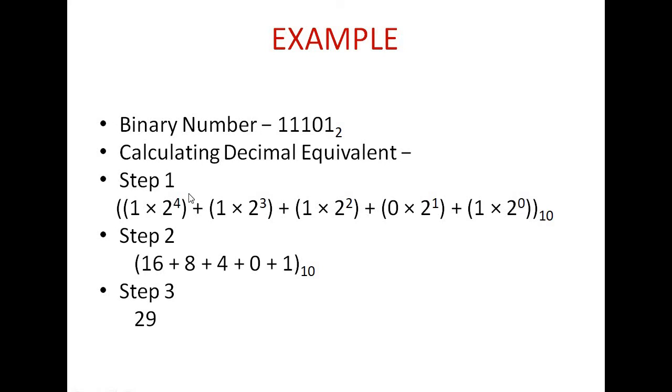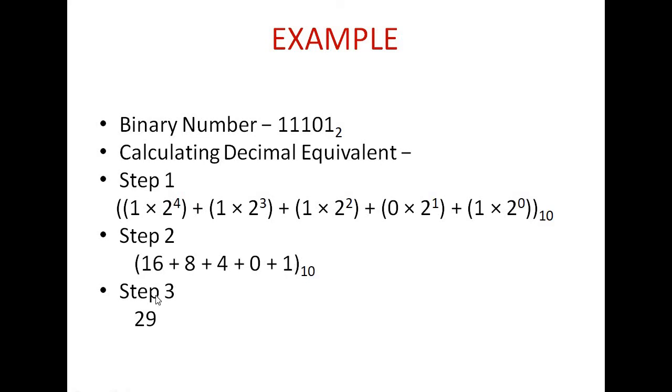So 2 to the power 4 is 16. 2 to the power 3 is 8. 2 to the power 2 is 4. 0 multiplied by any number is 0. 2 to the power 0 is always 1. Generally, M to the power 0 is equal to 1. So 2 to the power 0 means 1.